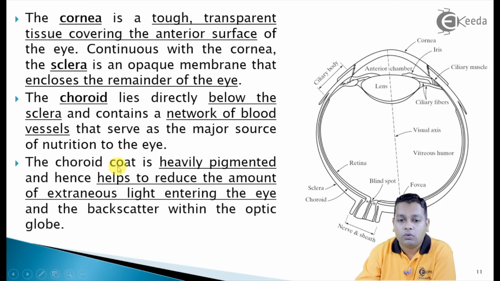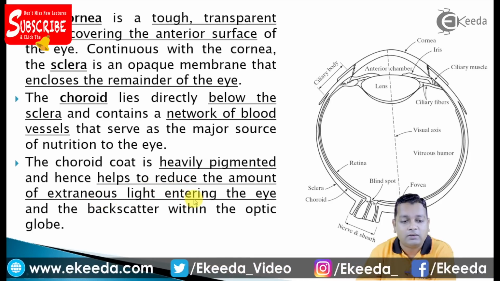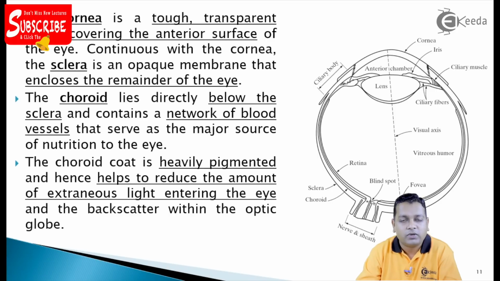Now the choroid coat is heavily pigmented and hence helps to reduce the amount of extraneous light entering the eye and backscatter within the optic globe. So if a high amount of light is incident on our eyes, the effect we most of the times experience is somewhat minimized by this membrane, the choroid.